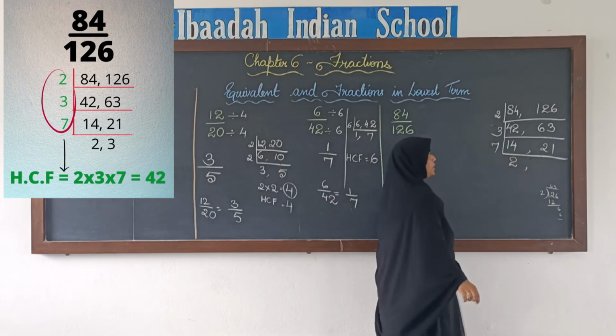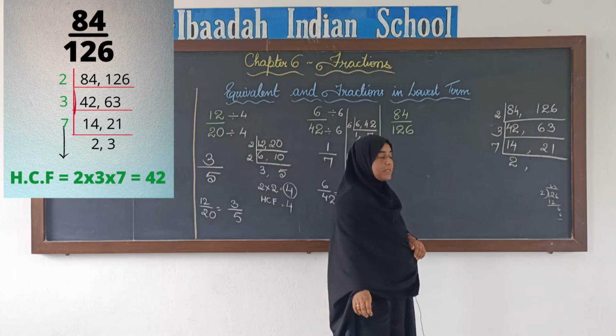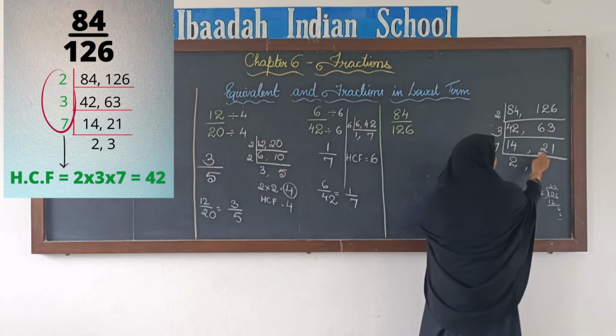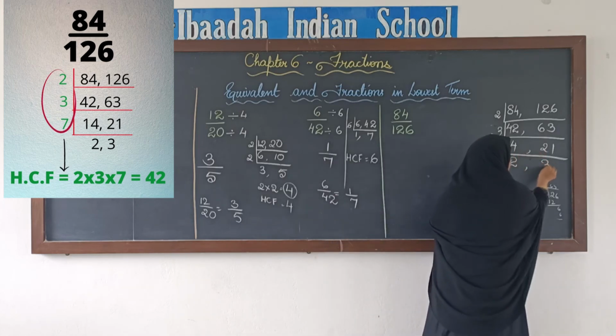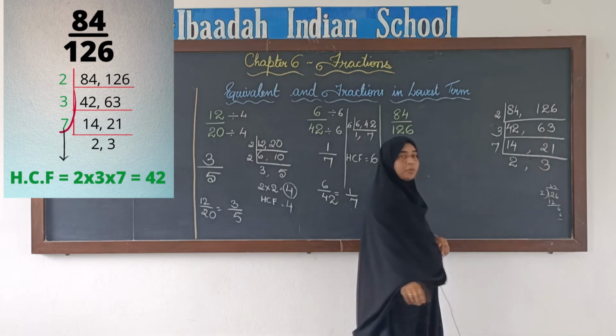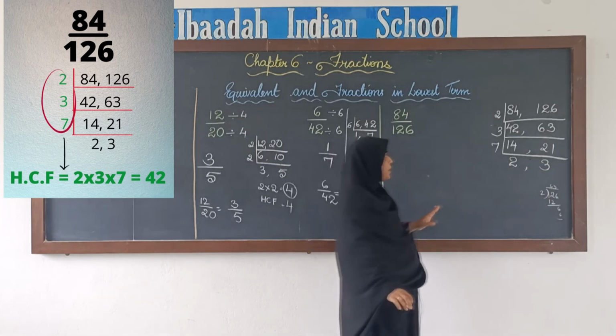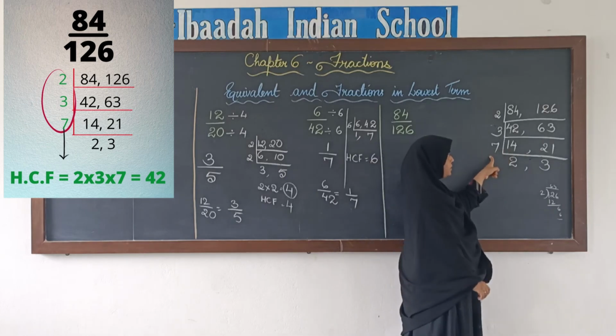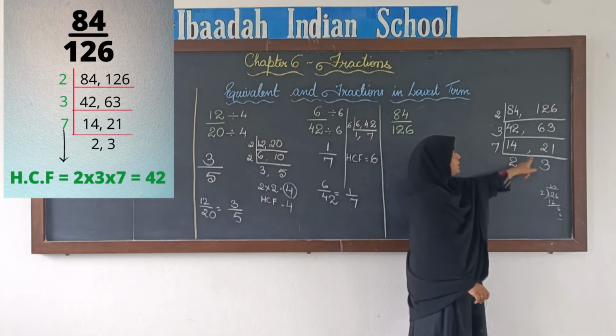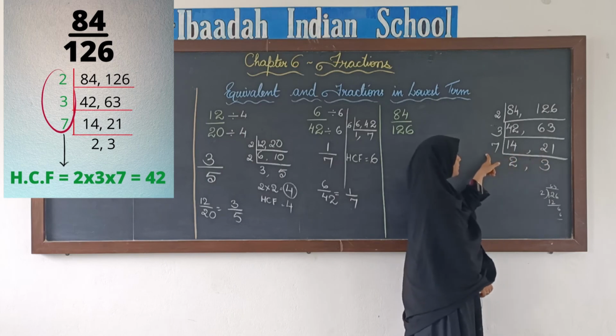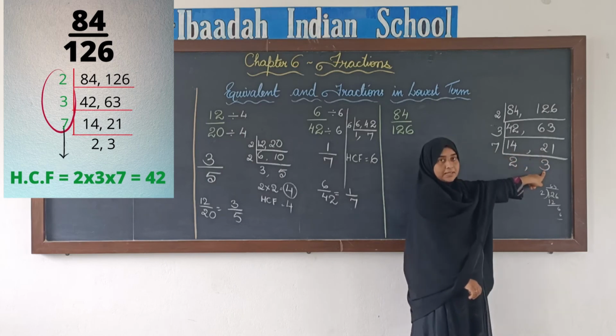When you divide 14 with 7, you will get 2 as the answer. And when you divide 21 with 7, you will get 3 as the answer. 21 divided by 7 is 3. Okay. So, I have divided 14 with 7, I got 2 as the answer, and here I have divided 21 with 7, I have got 3 as the answer.